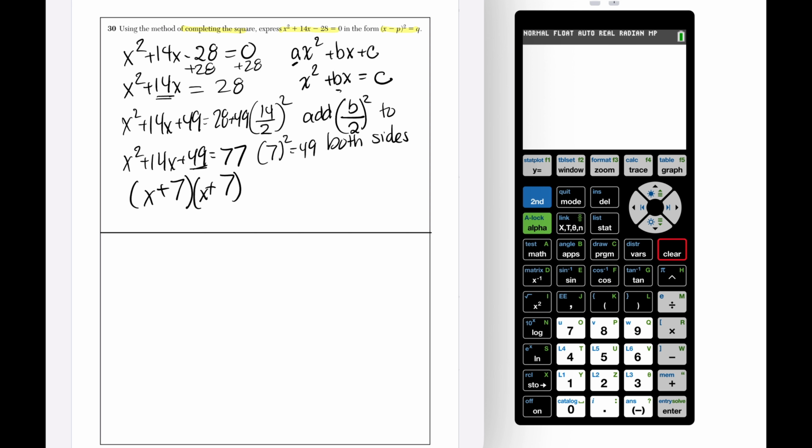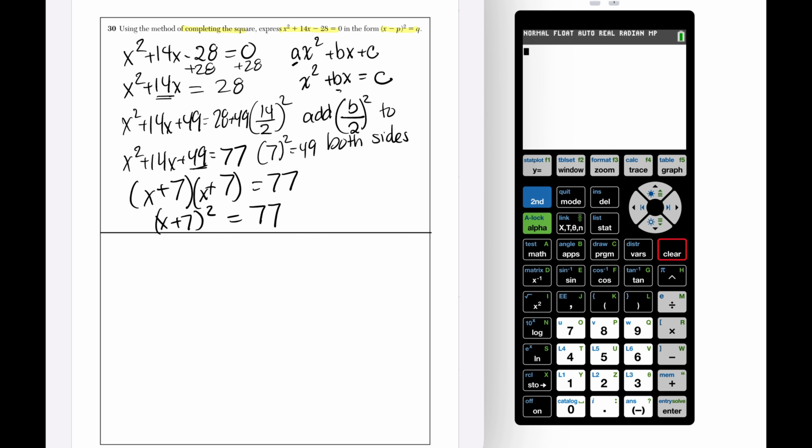So (x plus 7) times (x plus 7) is equal to 77, or I can rewrite it as (x plus 7) squared is equal to 77. Okay, so that's where we are right now in this work.